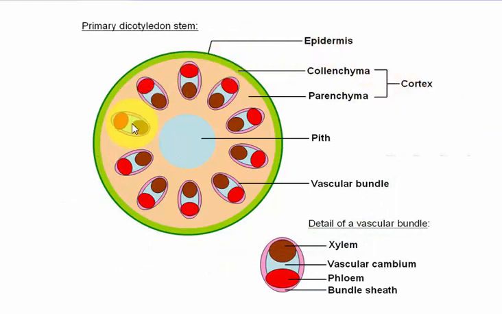This image shows the cross-section of a dicot stem. The dermal tissue is the epidermis. The ground tissue include the pith and the cortex.